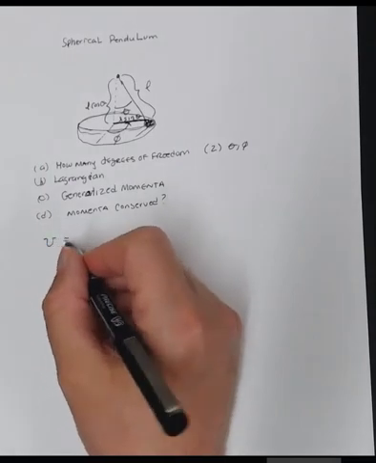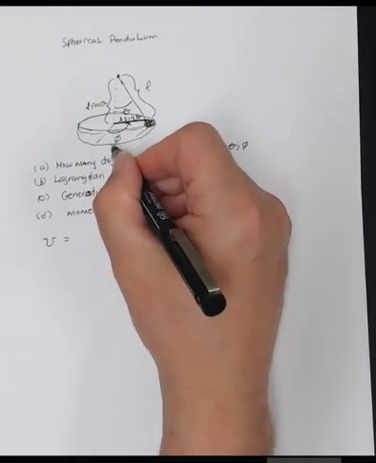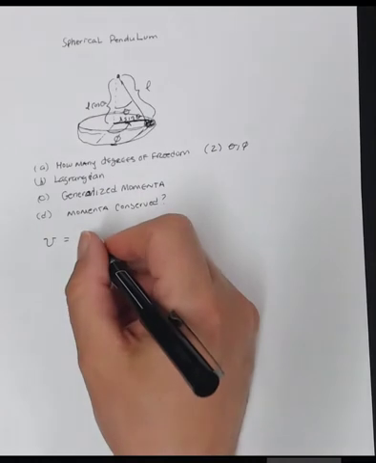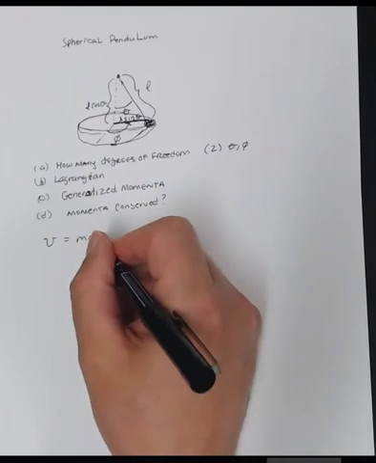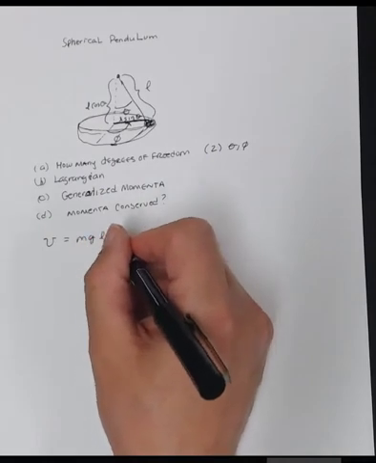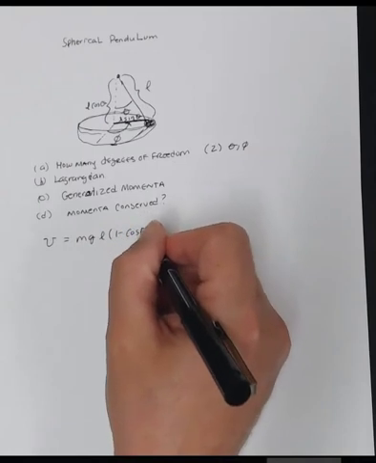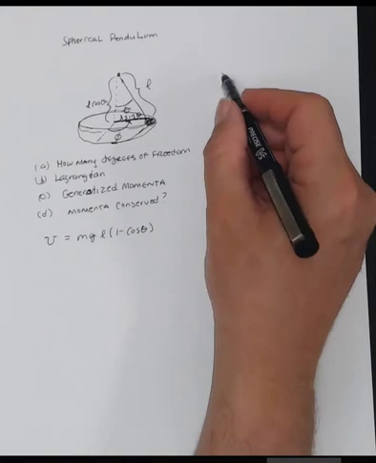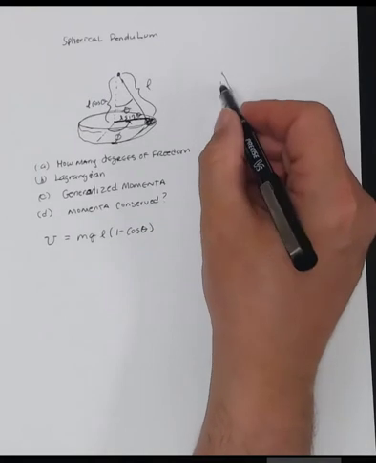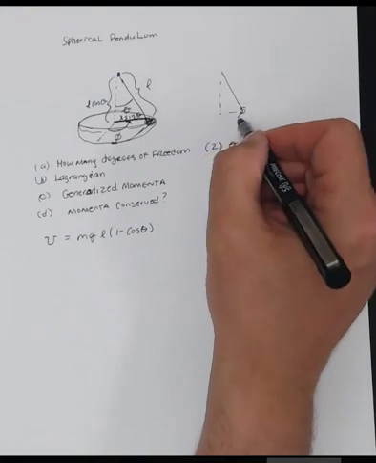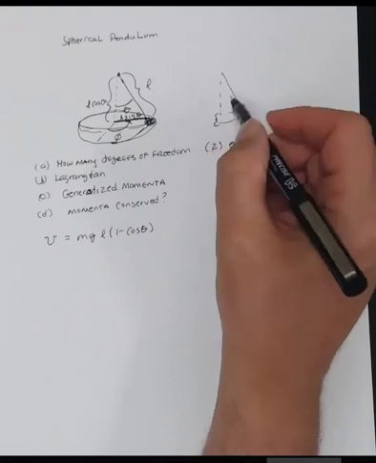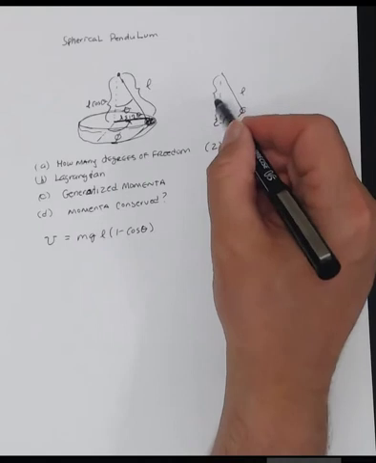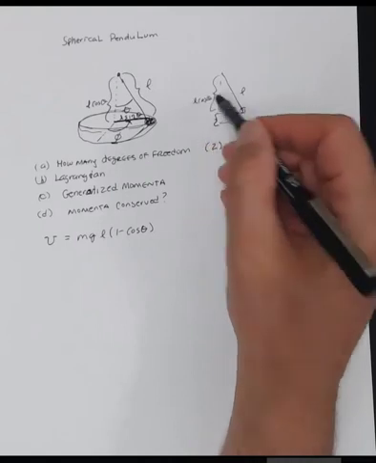I'm going to say potential 0 down here at the bottom of the bowl. So when it's up here, that's going to be mg, and that height is going to be L times 1 minus cosine theta. We've done that before with the pendulum. If it swings down here, the whole thing is length L, so the whole L minus L cosine theta.